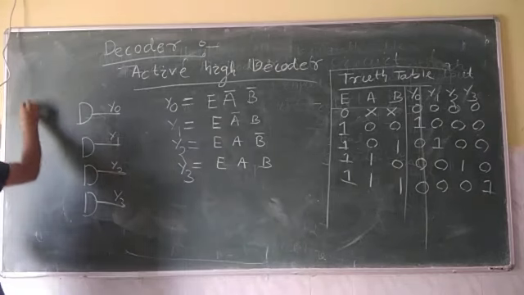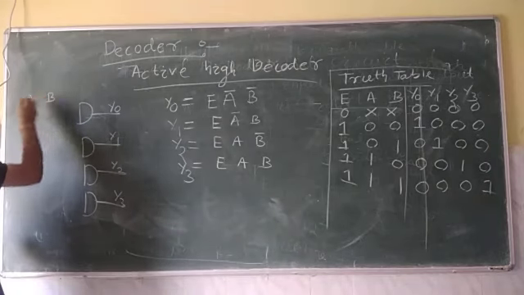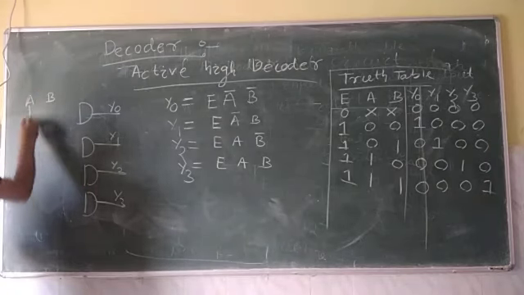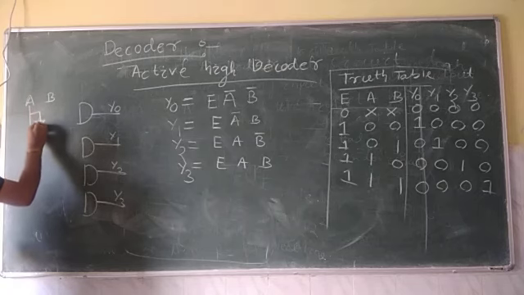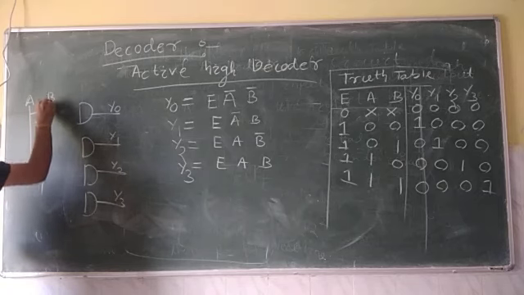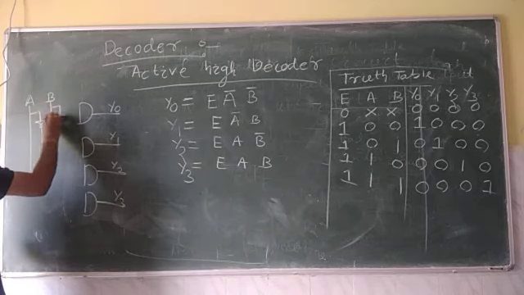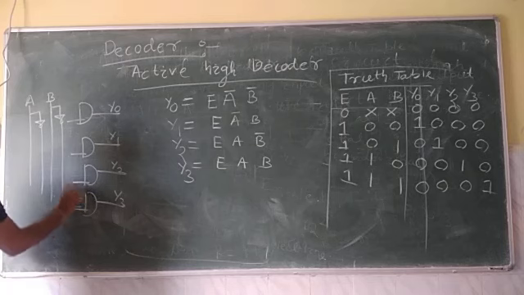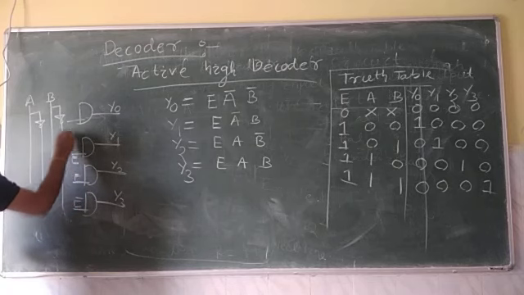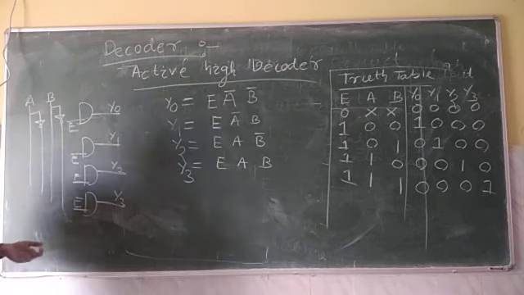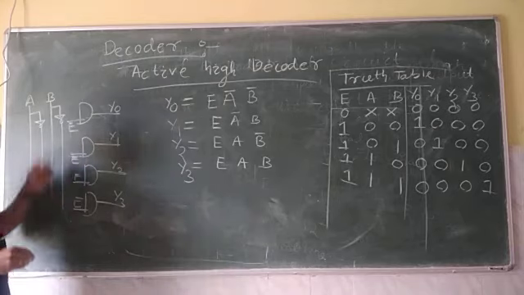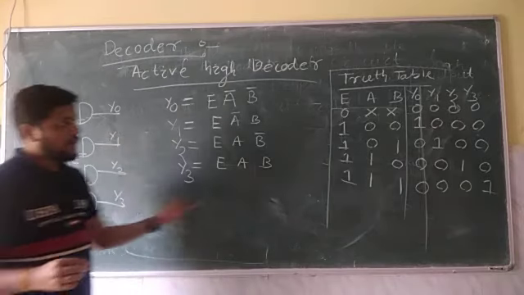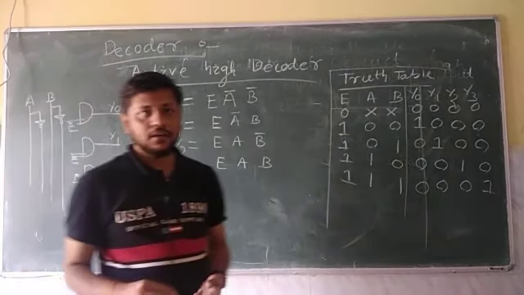You need to connect A, B and their complements, and each gate is connected with one enable. So this is how we design a decoder circuit.